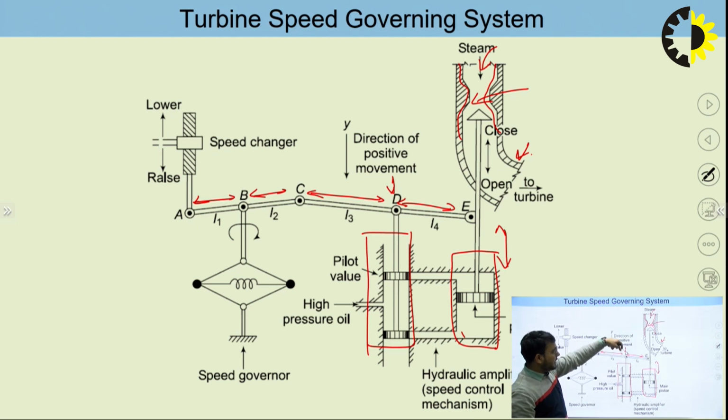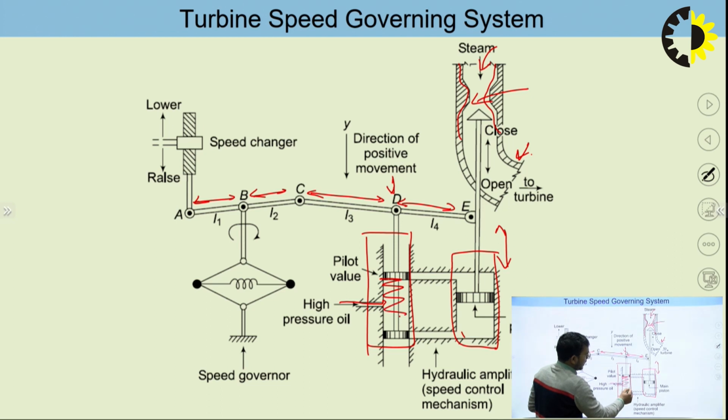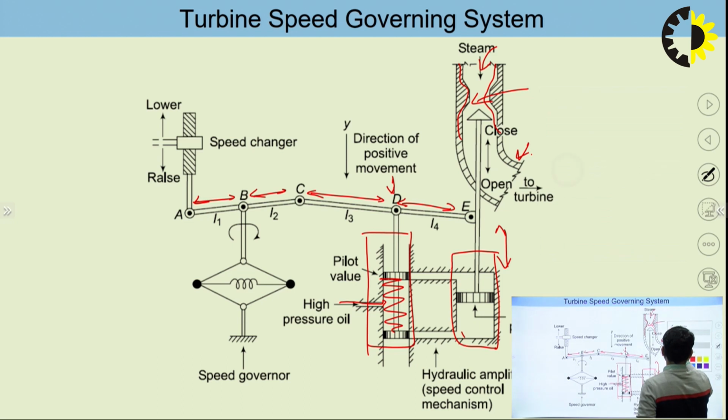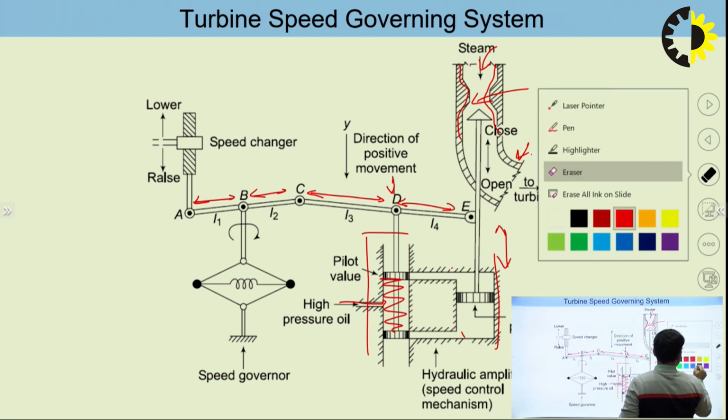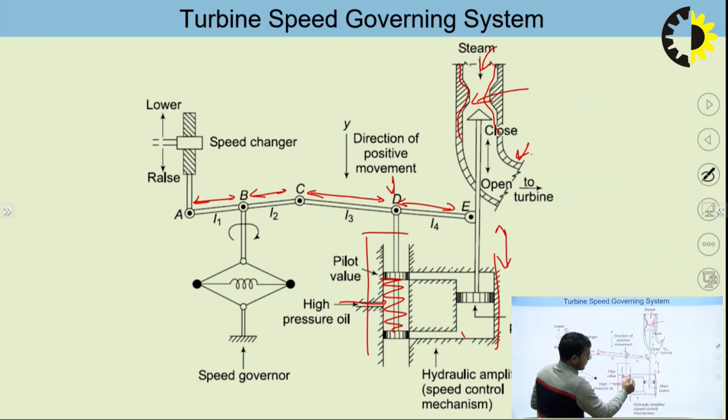So if D moves downwards, firstly we are talking about how this main piston will work. From here, high pressure oil is injected over here. Now you can see that this portion is filled with high pressure oil, and this one is also filled with high pressure oil, and you can see that this portion and this portion are completely blocked by the valve.